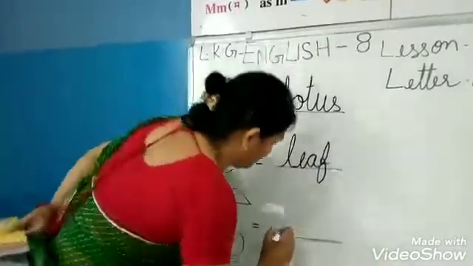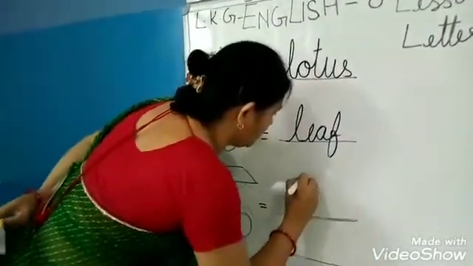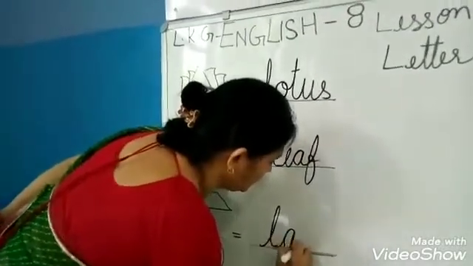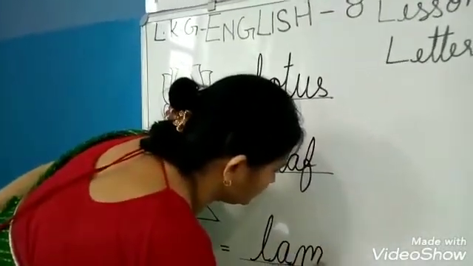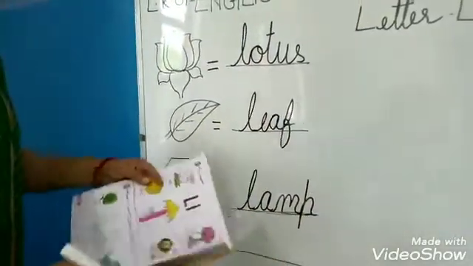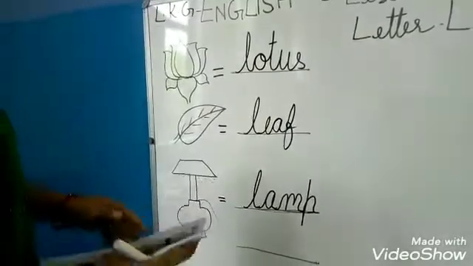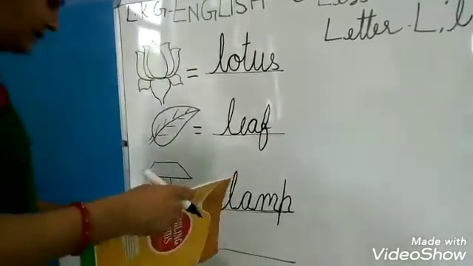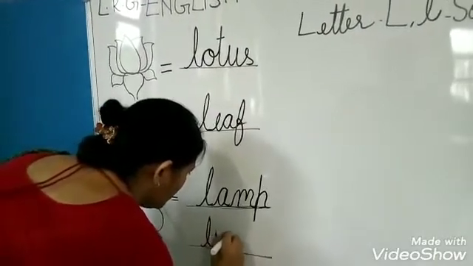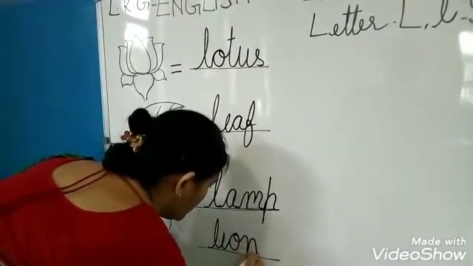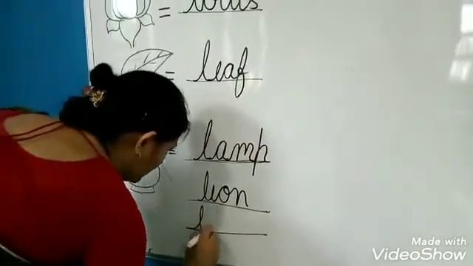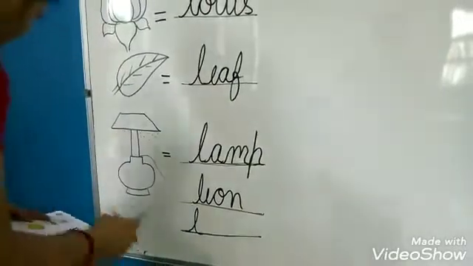So write here in small letter L, lamp. Okay children, lamp. And lion, lemon. Okay.